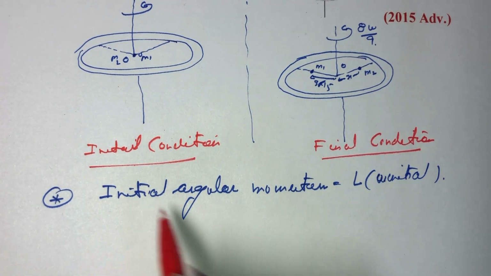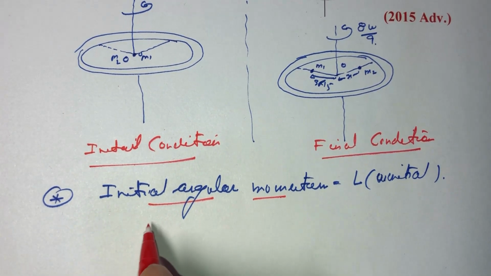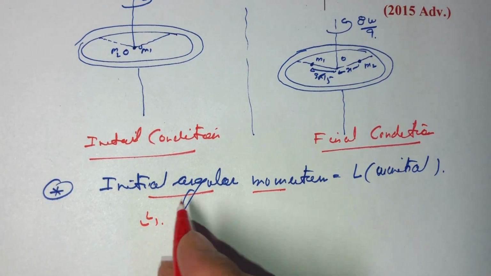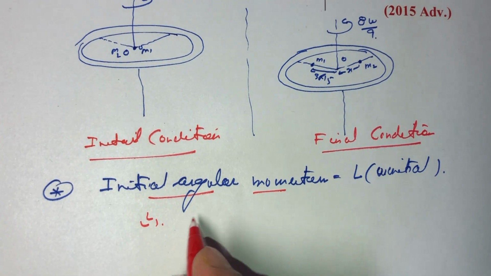So the initial angular momentum will be, first of all, because of the rotating ring.